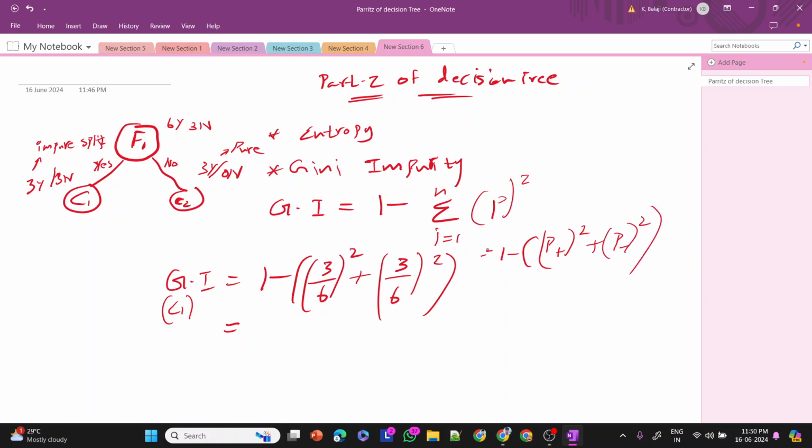After applying this formula, we get 1 minus 1 by 2 whole square plus 1 by 2 whole square. Then we will get 0.5.